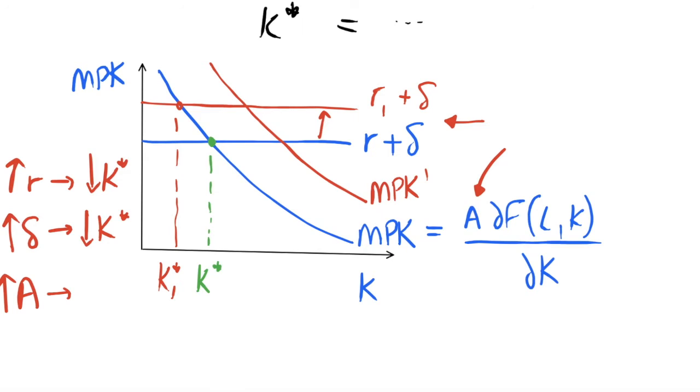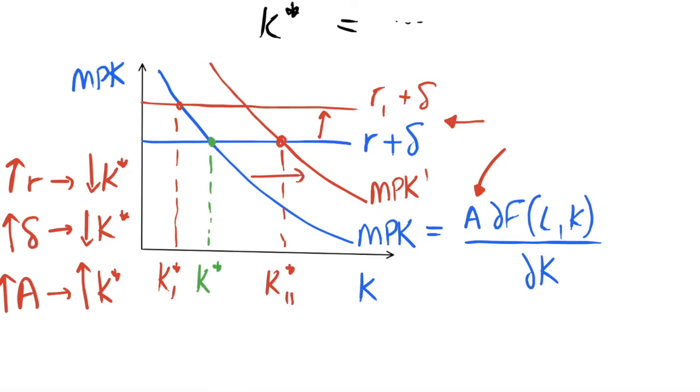We'll call it marginal product of capital 1. And we get this new point all the way over here. And so what we see from that is that if we increase our productivity parameter A, we are going to increase our optimal level of capital K star.